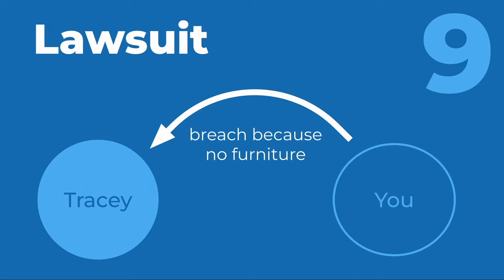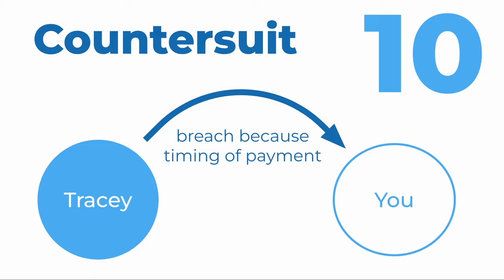And so when we look at this, you sue me because there's a breach, right? You're saying, well, there's no furniture. You orally said you would provide the furniture. I'm suing you because you're taking more than 6 months, right? The writing says 6 months, and you're going, but we orally said a year. So I'm saying, well, I'd prefer to have my money earlier.